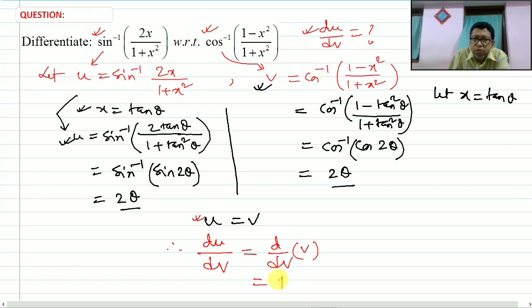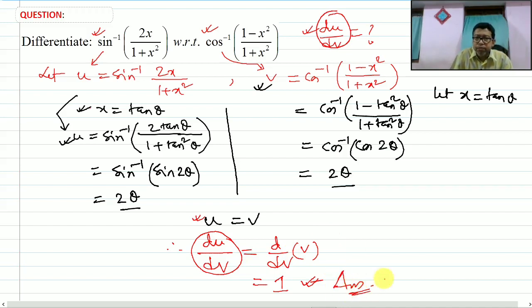This is obviously 1. Now, what was asked to find out? You have to find du/dv, and du/dv is just found. du/dv is equal to 1. So, the derivative of sine inverse of 2x divided by 1 plus x square with respect to cos inverse of 1 minus x square divided by 1 plus x square is 1, hence the result.